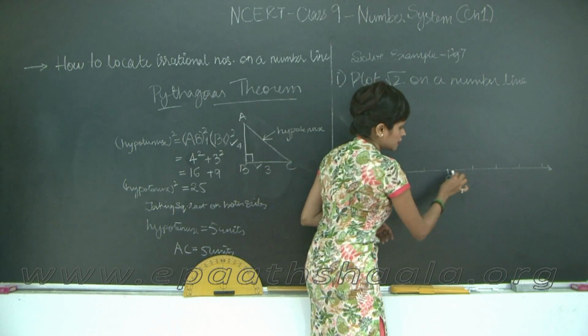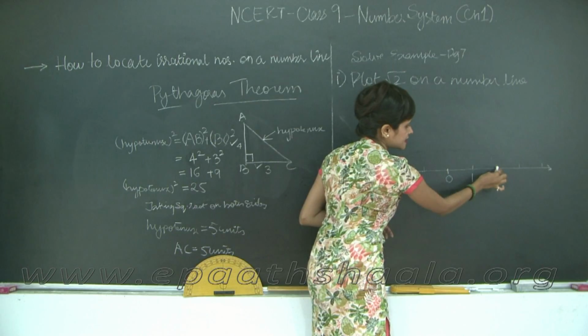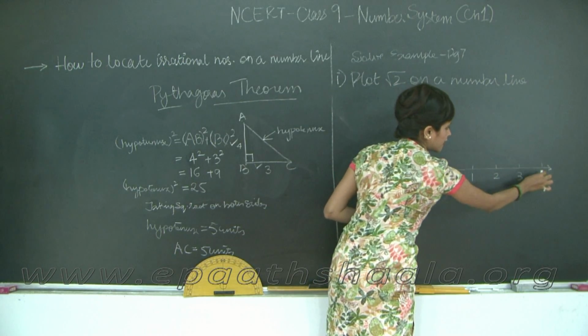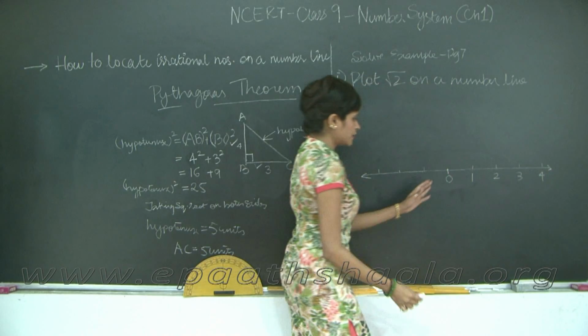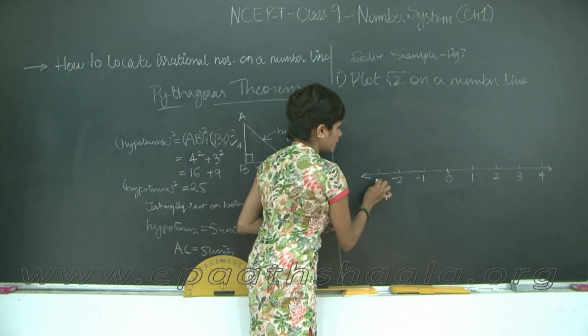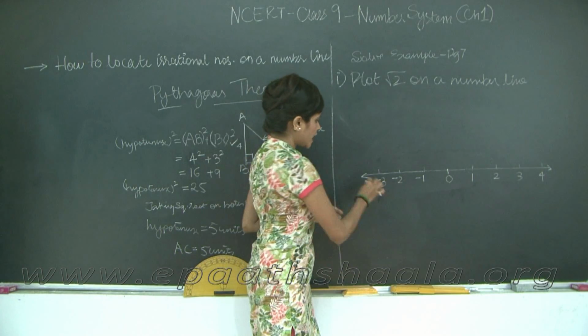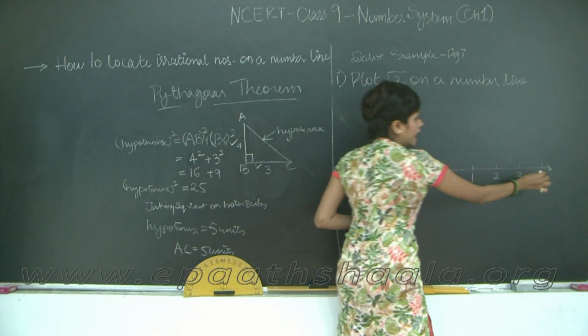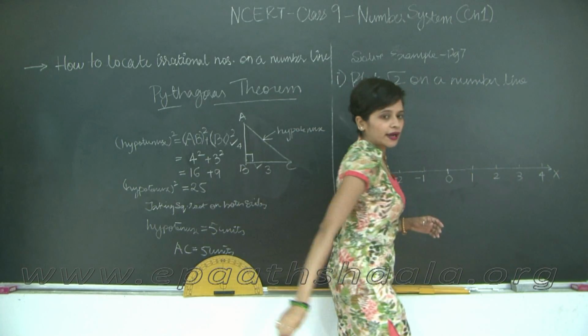So this distance is 1 unit, this distance is 1 unit, so this will be 2. I keep adding 1, so 3, 4. Okay. Similarly, on the left hand side, I will have -1, -2, -3 and so on. I'll name my number line as X' O X, right?